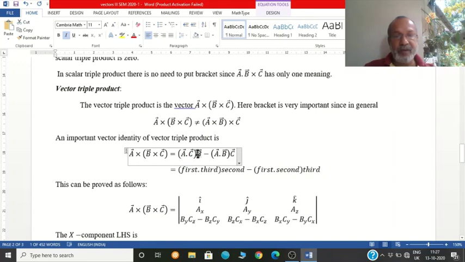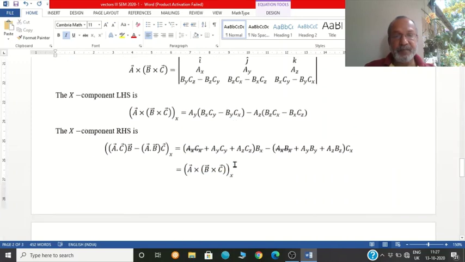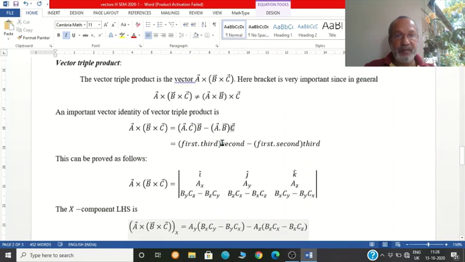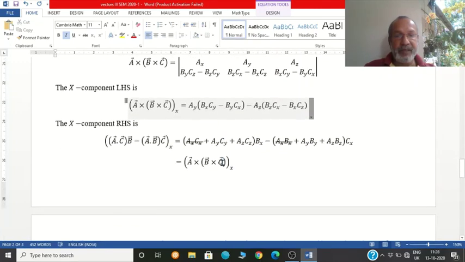So X component of B is BX. B is actually BX i plus BY j plus BZ k. From that X component will be BX. So BX into A dot C minus A dot B into CX. That I have written here.